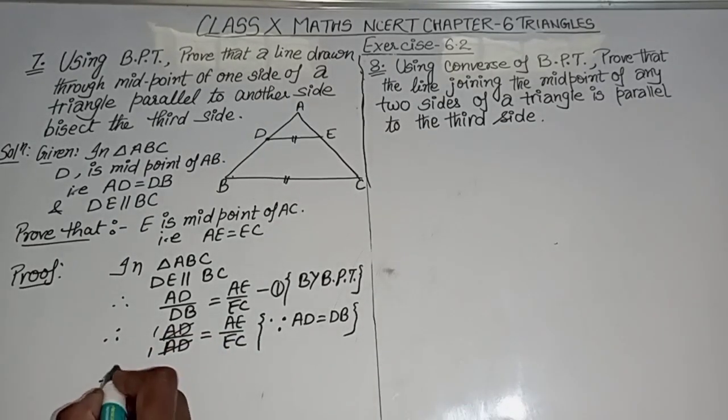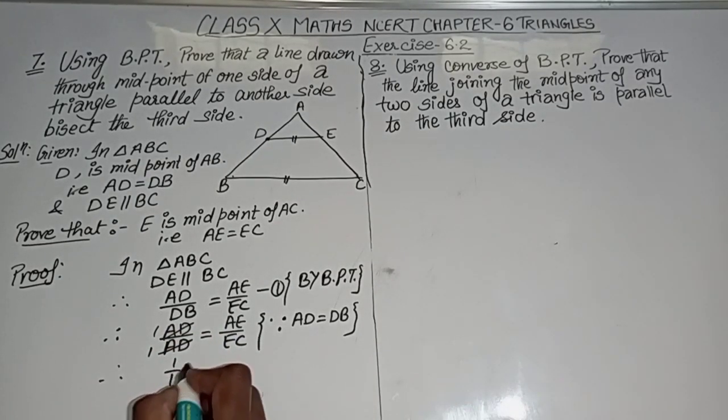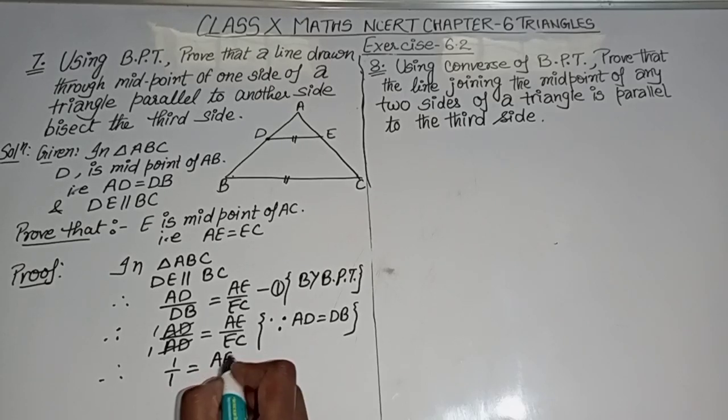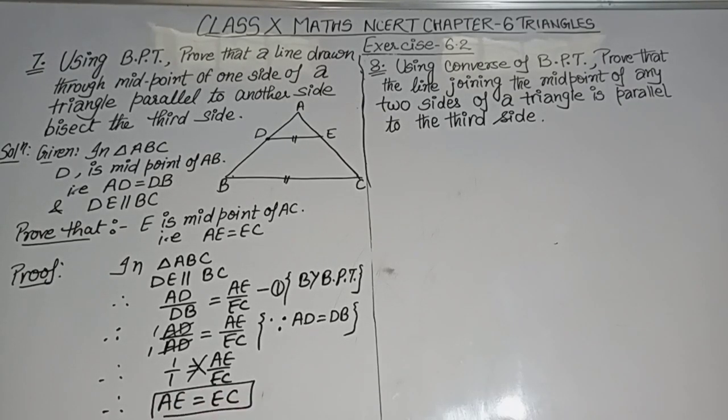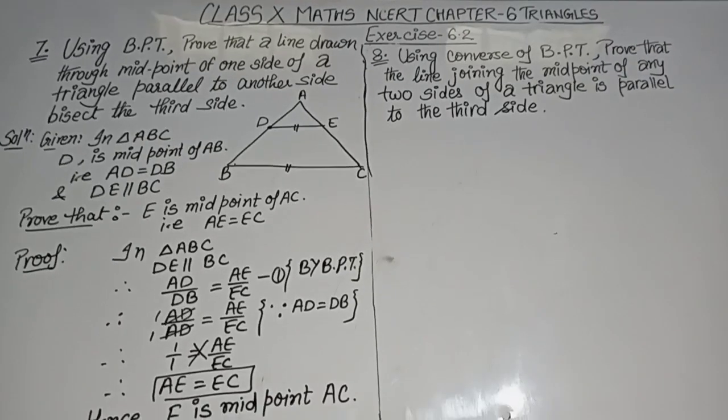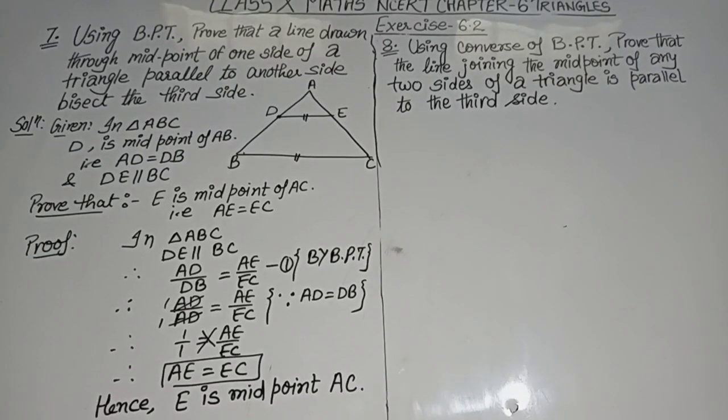So 1 upon 1 is equal to AE upon EC, cross multiplication, so AE is equal to EC. Hence E is the midpoint of AC.